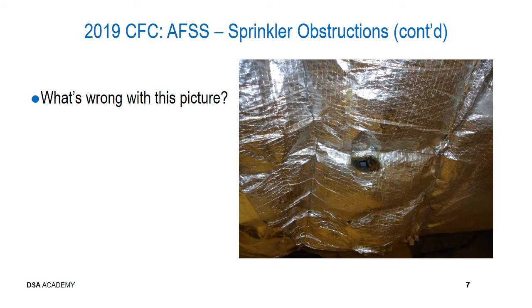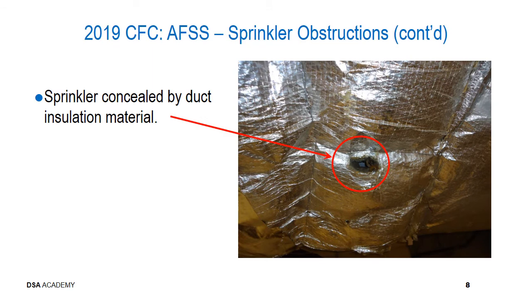Here's another sprinkler installation problem. The sprinkler itself has been concealed by the duct insulation material. In this configuration, the insulation is going to prevent proper operation of the sprinkler head.